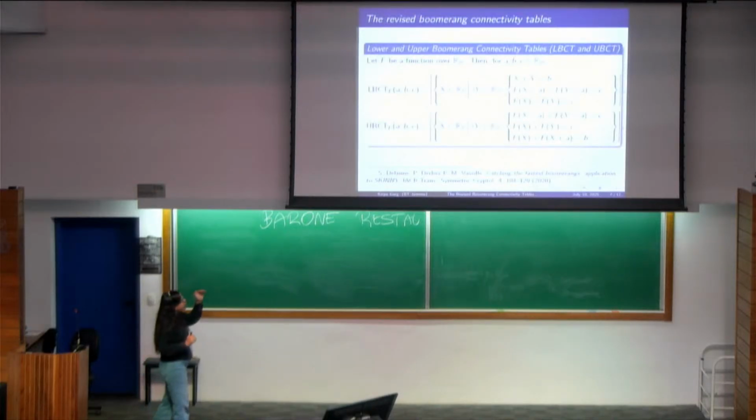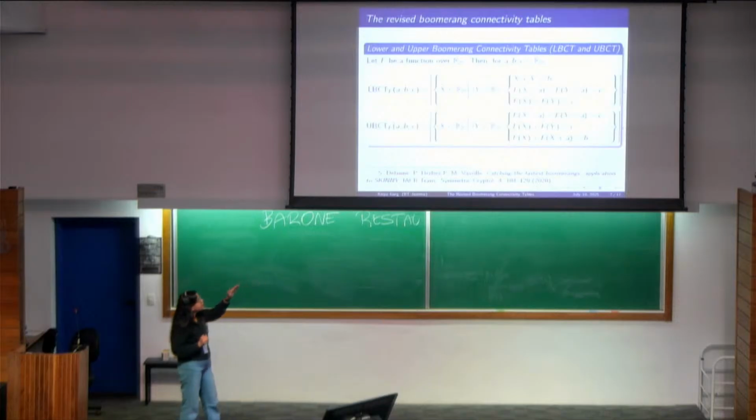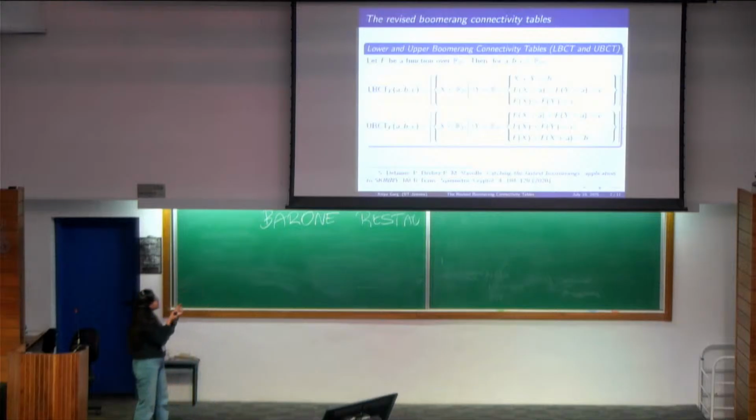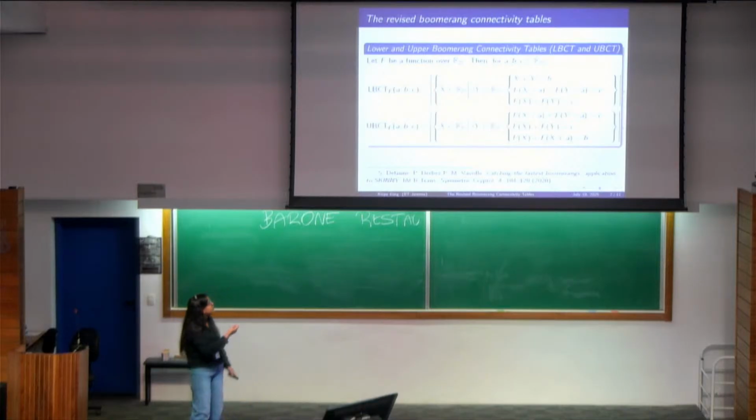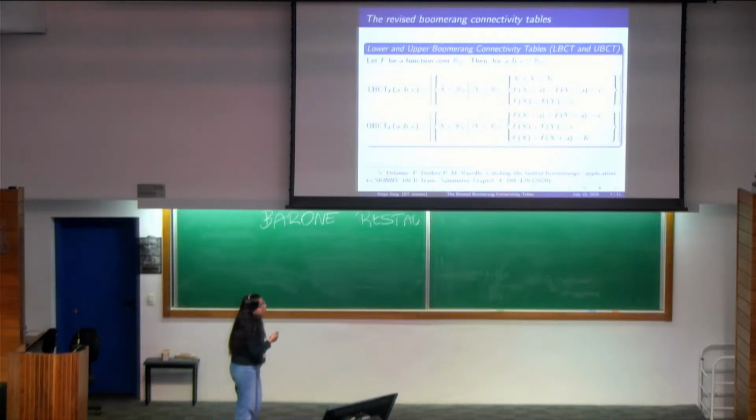So if we have a function f over the finite field F_{2^n}, then for any three elements a, b, and c, we define the LBCT of the function f at (a,b,c) as the number of x in F_{2^n} for which there exists at least one y such that x+y=b, f(x+a)+f(y+a)=c, and f(x)+f(y)=c.